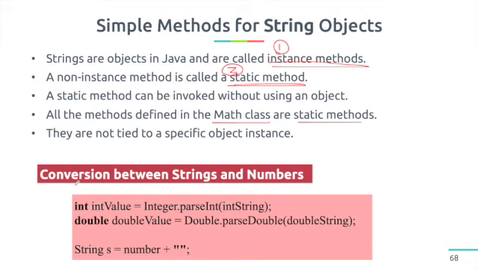So now we'll talk about how we can convert strings to numbers. So strings are a little bit different than characters. Characters, it's easy by only casting. We can convert from a character to a number and a number from a character. But when we're dealing with strings, it is a little bit different. We have to parse an integer.